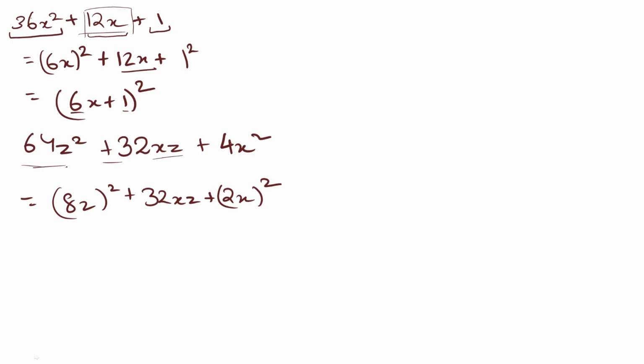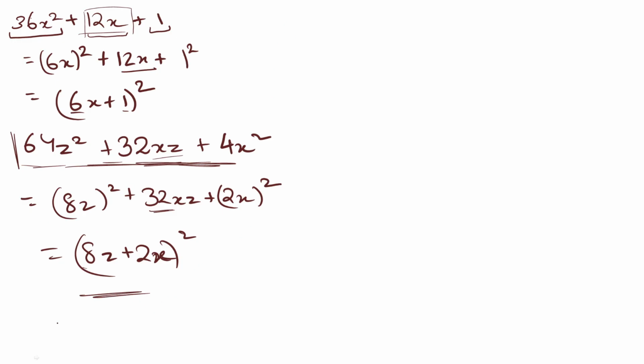It's not usually this way in exams, but I have written it this way. So we can write this as (8z + 2x) whole square, and I think you get the idea on how to solve these. The next step is to check whether this is correct. 8 times 2 is 16, zx or xz times 2 is 32. So this is also correct.